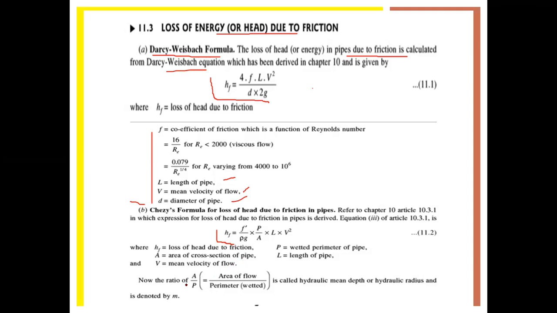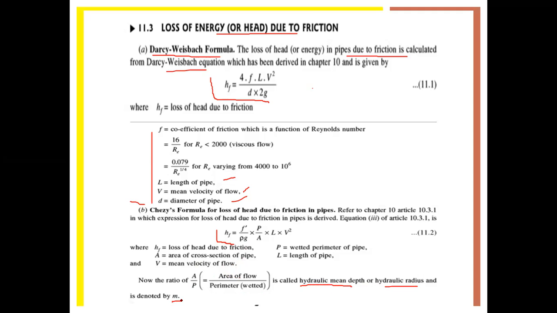Now the ratio A by P, the area of flow by wetted perimeter, is called the hydraulic mean depth or hydraulic radius, and it is denoted by m. So m = A/P. Like this we have to go with Chezy's formula.